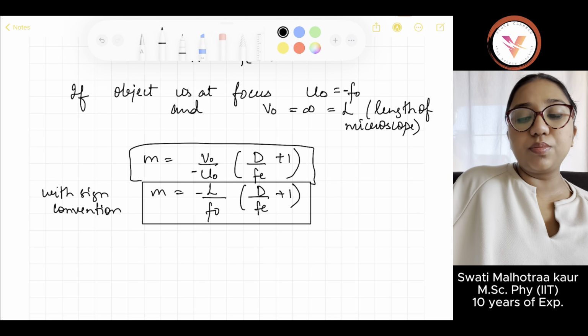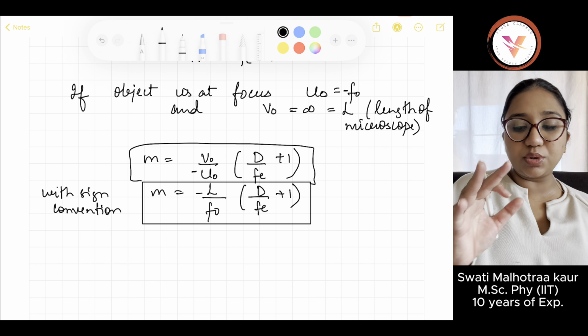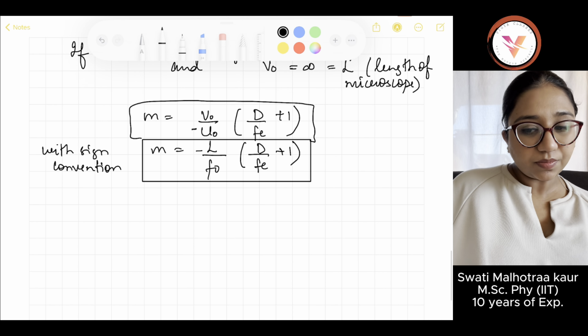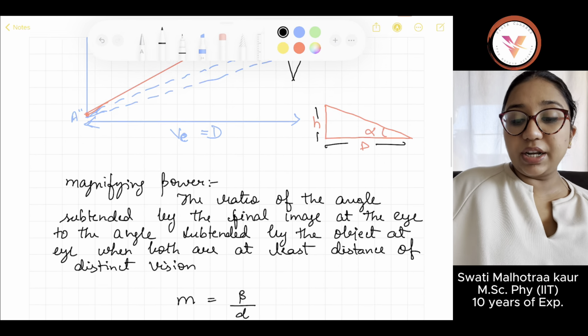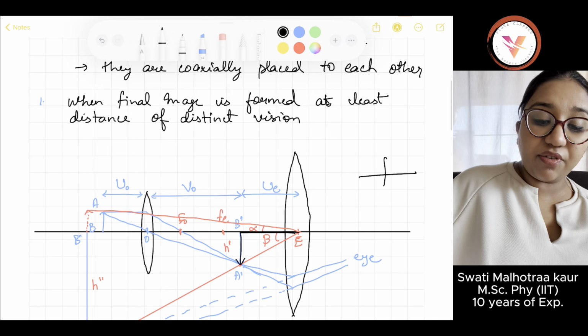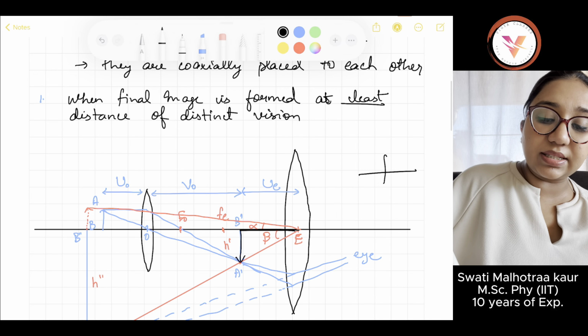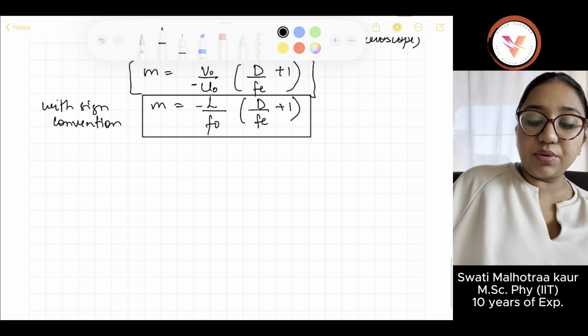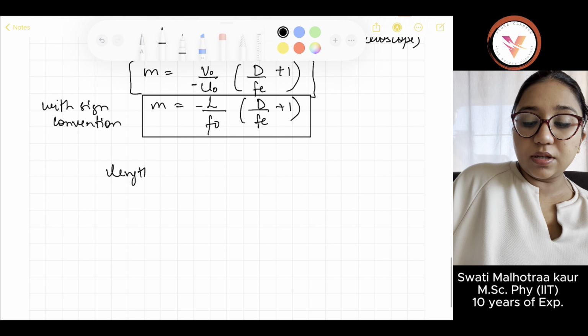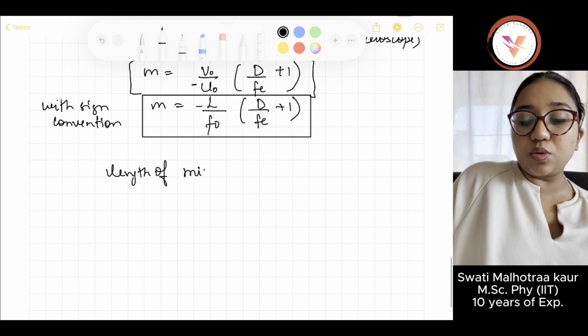If you are not using infinity, then it is VO by UO. So this is the condition when the final image is at the least distance of distinct vision. And here, if you want to calculate the length of the microscope, then it is very easy.